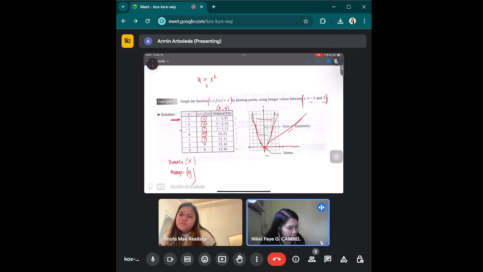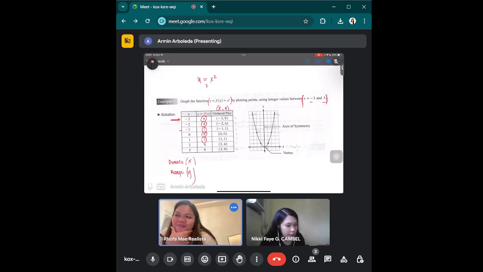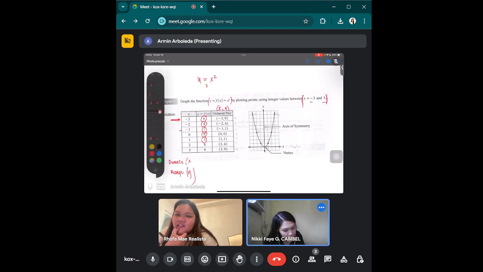So for this example, what is the domain? What do you think is the domain and the range? -3? -3. Okay. So the domain, where is our x? Our graph is this one, right?